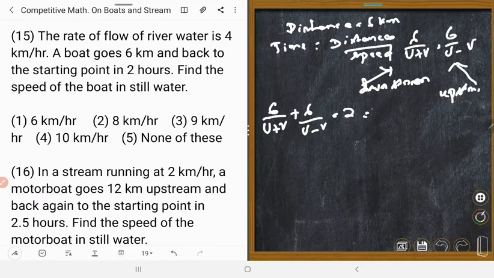Implies that, look at the blackboard, 6 upon u plus 4 plus 6 upon u minus 4 is equal to 2.